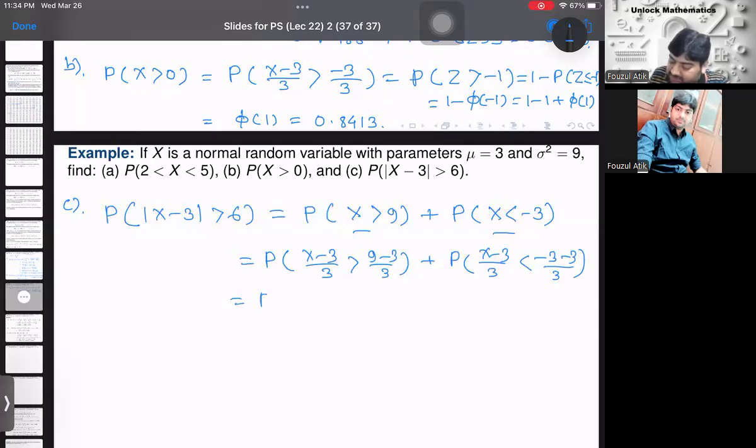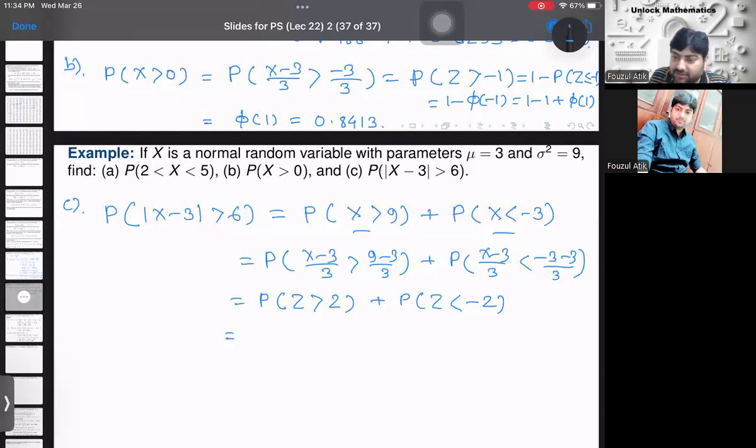And then this means P of z must be greater than 6 by 3, so 2, plus P of z must be less than minus 2. And then some calculation again.